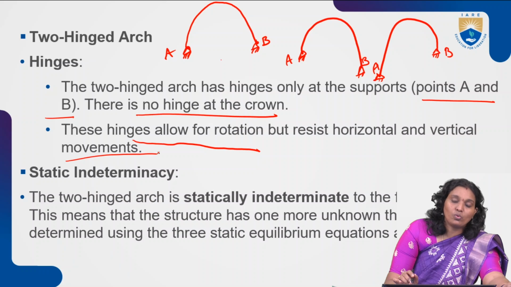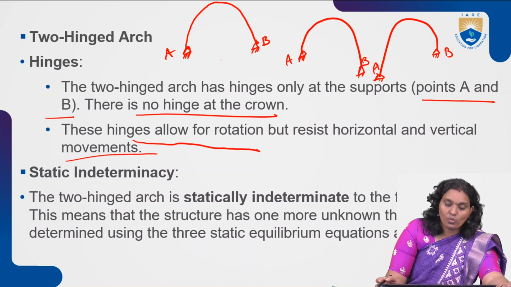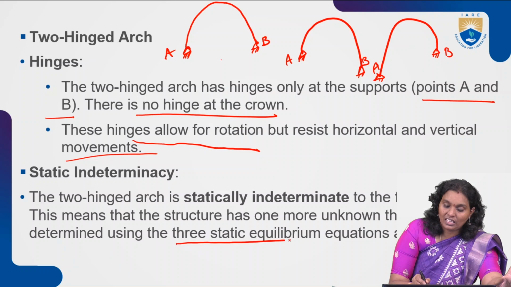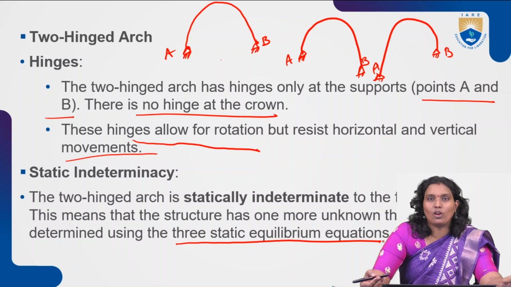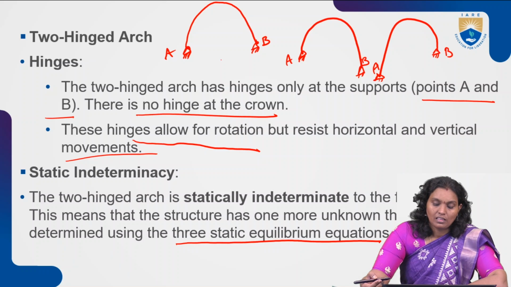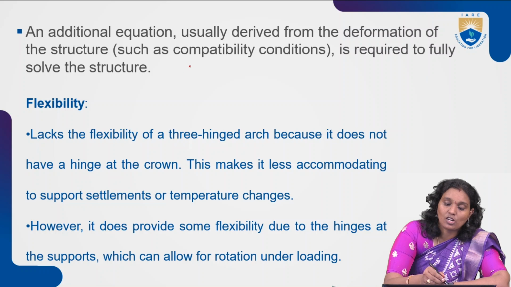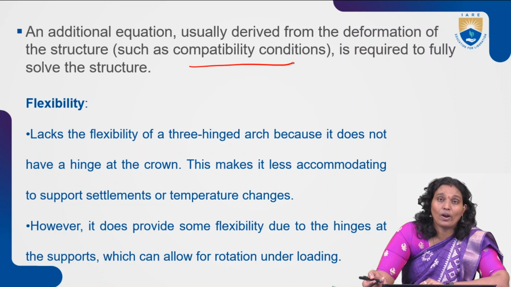And this two-hinged arch is statically indeterminate. See, this two-hinged arch is statically indeterminate to the first degree. This means that the structure has one more unknown than can be determined using the equilibrium equations alone. An additional equation, usually derived from the deformation of the structure, such as compatibility conditions, is required to fully solve the structure.